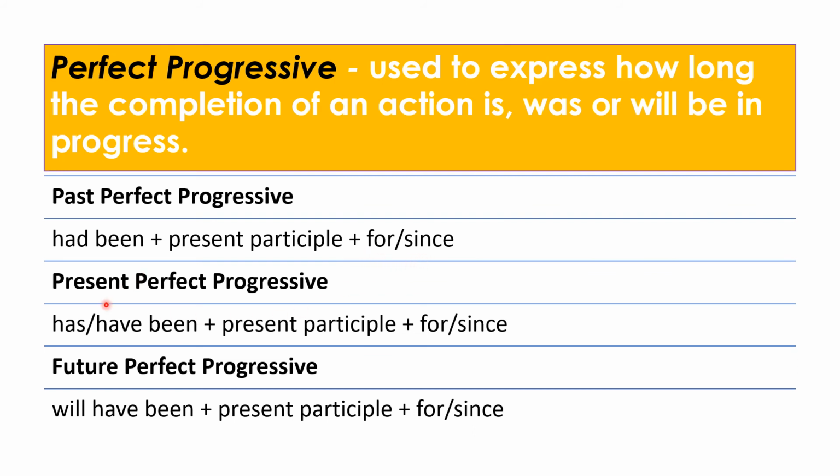For the present perfect progressive, we are going to use has or have plus been plus the present participle plus for or since. For future perfect progressive, we are going to use will have been plus the present participle of the verb plus for or since.